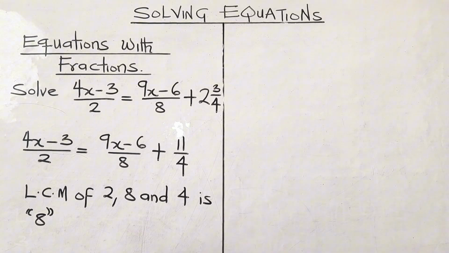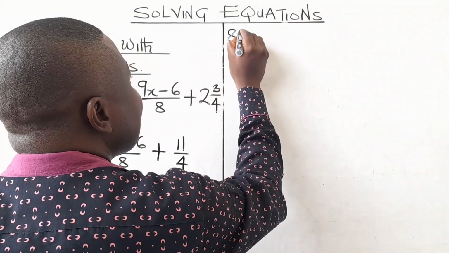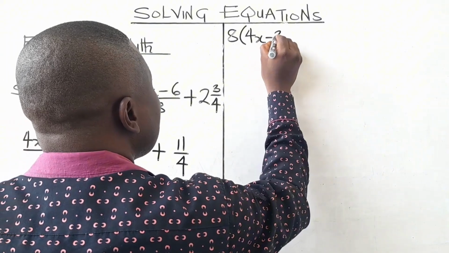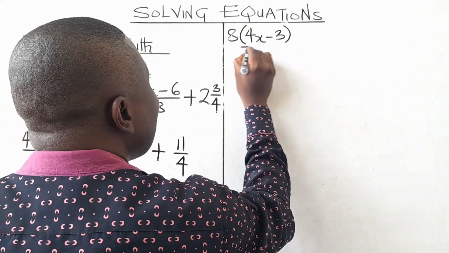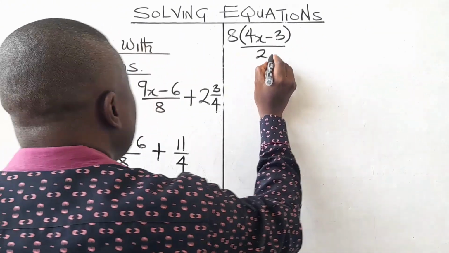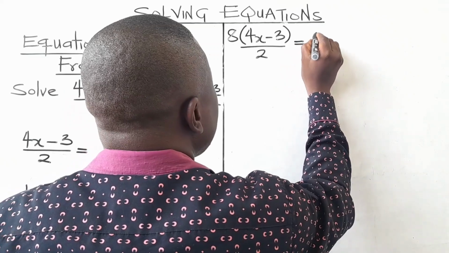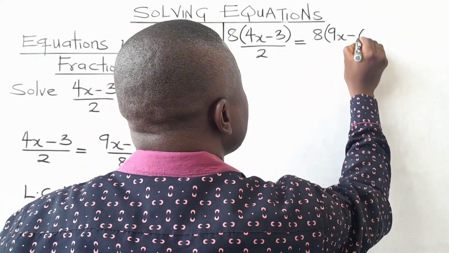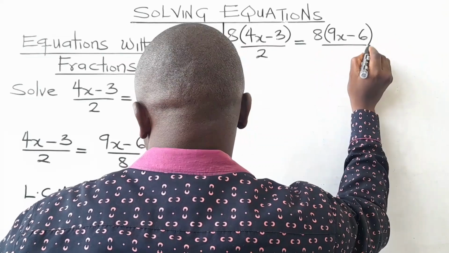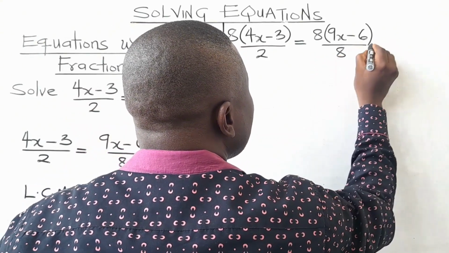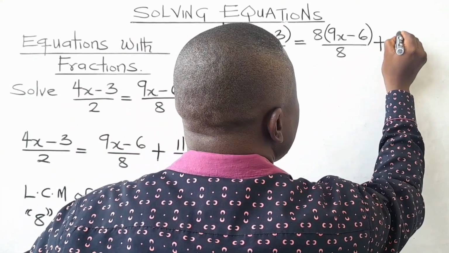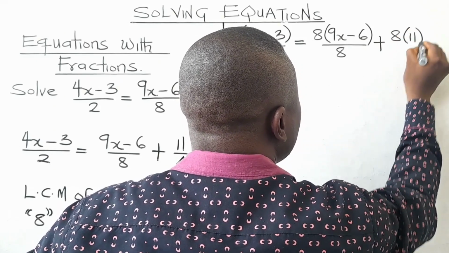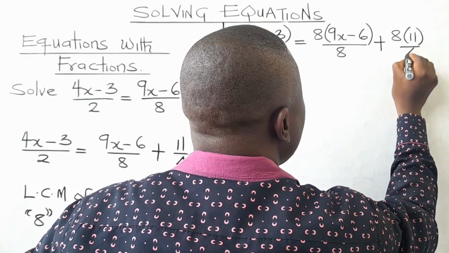This gives us 8 into bracket 4x minus 3 over 2 equal to 8 bracket 9x minus 6 over 8 plus 8 times into bracket 11 over 4.